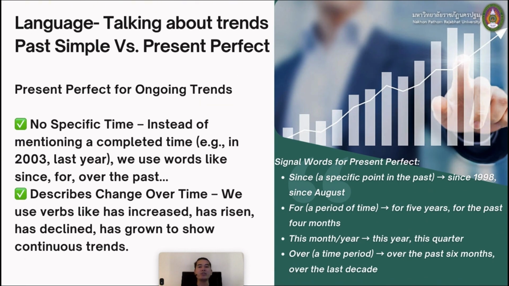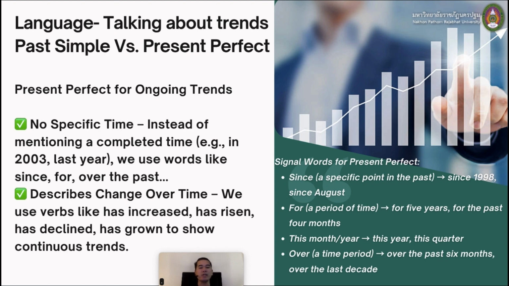Let's proceed now to present perfect for ongoing trends. There is no specific time, instead of mentioning a completed time. We use words like since, for, or over the past, over the past 5 years, something like that. It describes change over time.